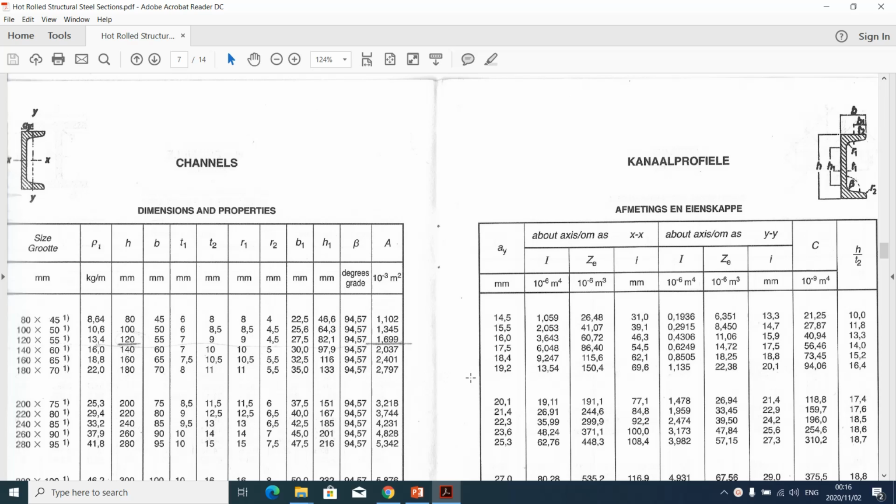Now if the channel is upright like this, you have your x and your y. But if you realize, our channel is not upright, it is seated by your YY there.